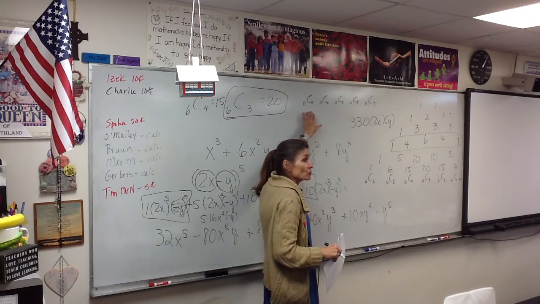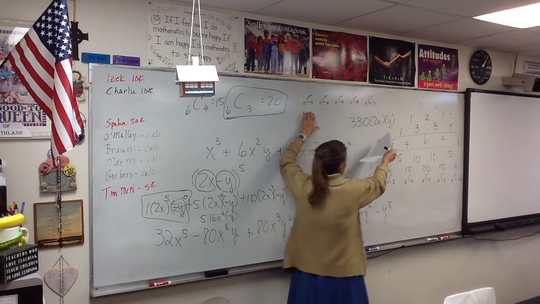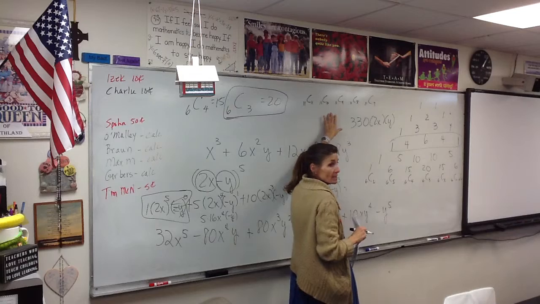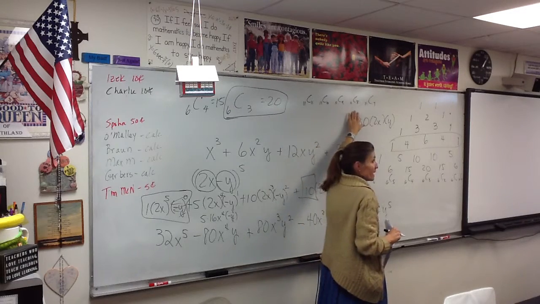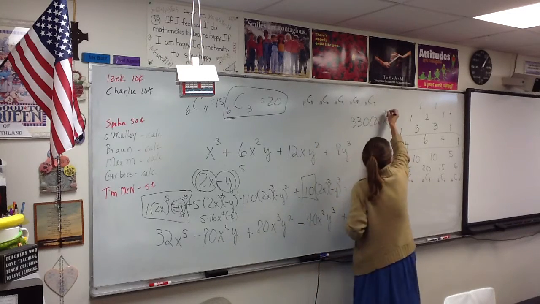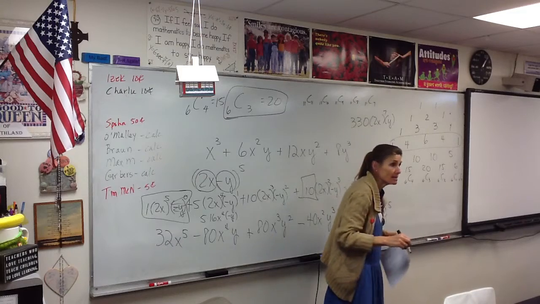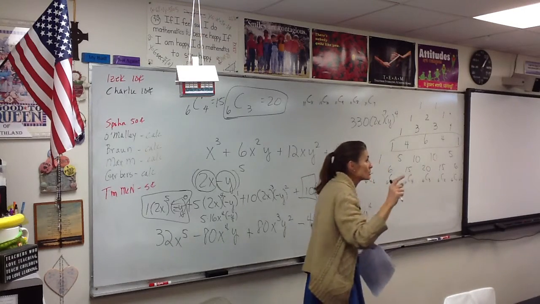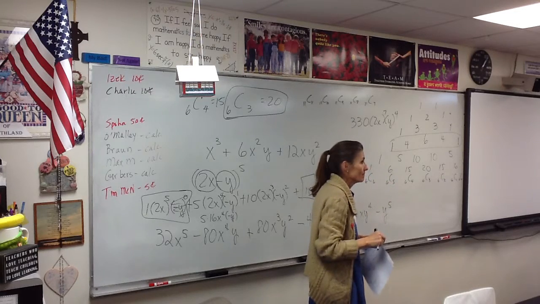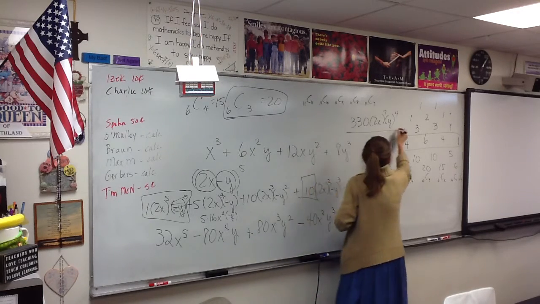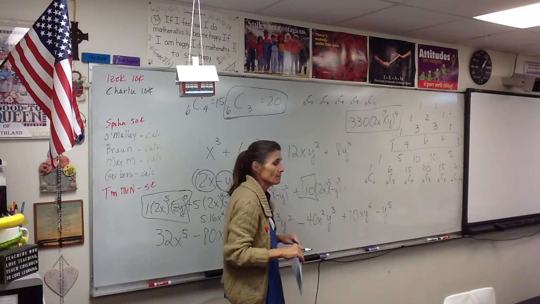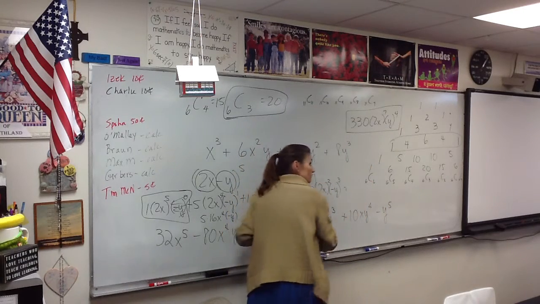If we wanted the first term, what would the power on the 2x be? 11. Here it would be 10, 9, 8, 7. And then using what Clark said, this one has to be a 4 because they have to add up to 11. So this is the term. It isn't simplified yet, but that's the term.